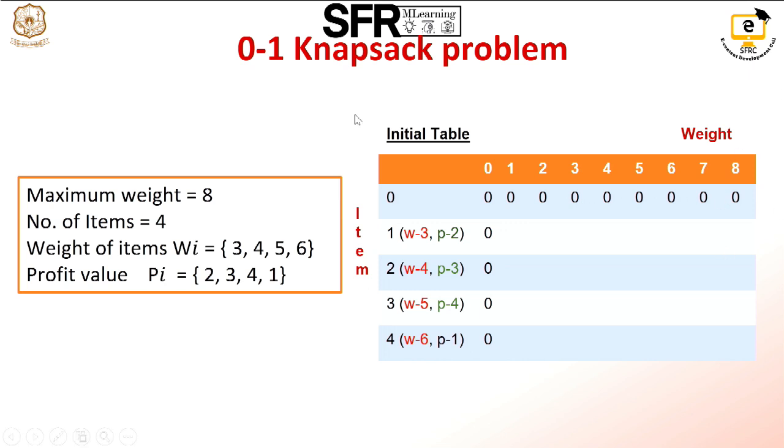In this initial table we put 0 in the 0th column and 0th row, and these are all the item numbers with their weight and profit value. For example, the first item has weight 3 and value 2. We are going to fill the remaining cells with the maximum profit values.